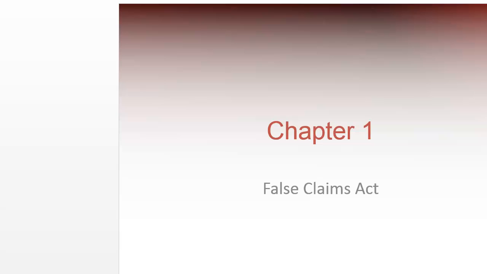Any person who knowingly makes, uses, or causes to be made or used a false record or statement material to an obligation to pay or transmit money or property to the government, or knowingly conceals or knowingly and improperly avoids an obligation to pay money back to the government is liable to the United States government.